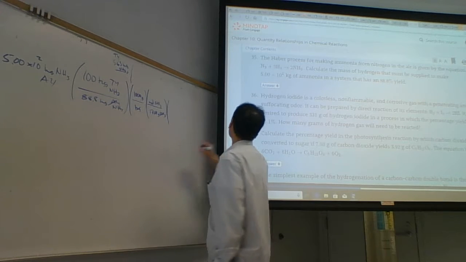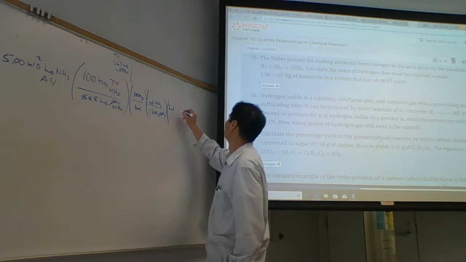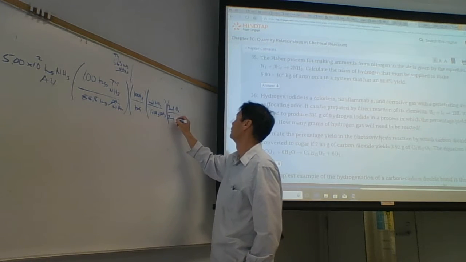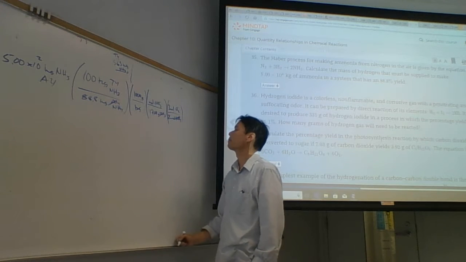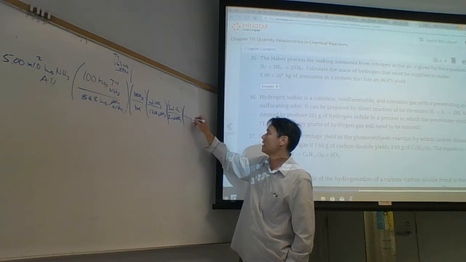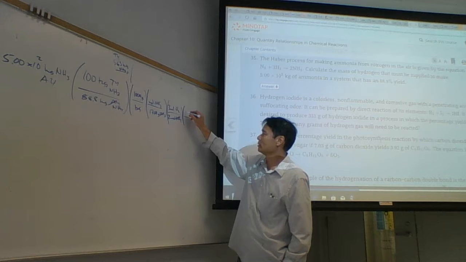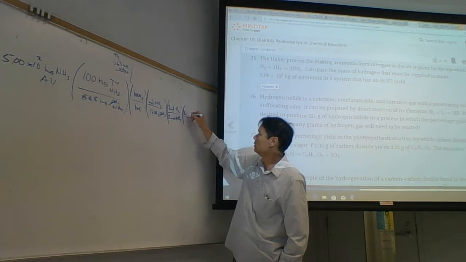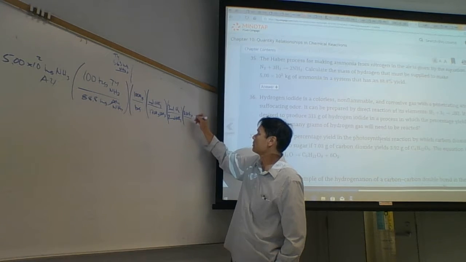And then from moles of ammonia to moles of hydrogen, it's 3 moles of hydrogen for every 2 moles of ammonia. And then the molar mass of hydrogen. Molar mass of hydrogen is 1.008. I'm going to go to 4 sig figs there. So that's going to give me 2.016 grams per mole.